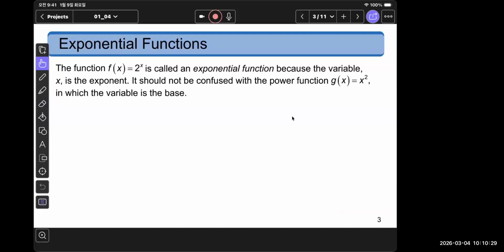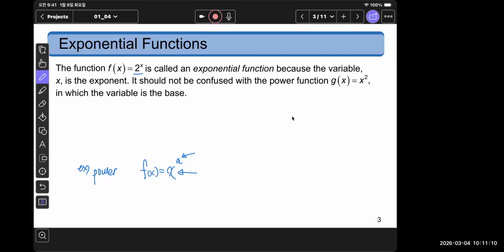And in case of a power function, we consider a function defined in this form. So you have a variable in the base and the exponent is a constant. Now, in this section, we want to consider a function of this form where the base is a constant and the exponent is a variable.